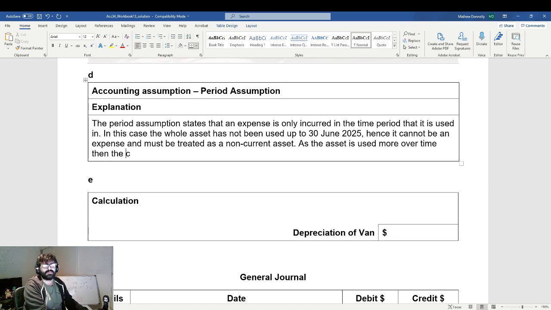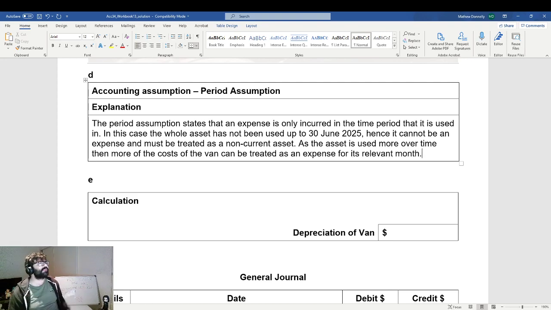Then the cost can be expensed over time, then more of the cost of the van can be treated as an expense for its relevant month. So really laying it on thick there, but I think you get the idea.